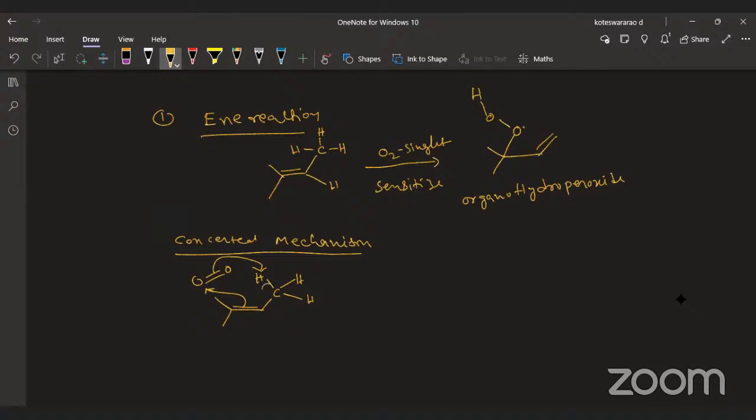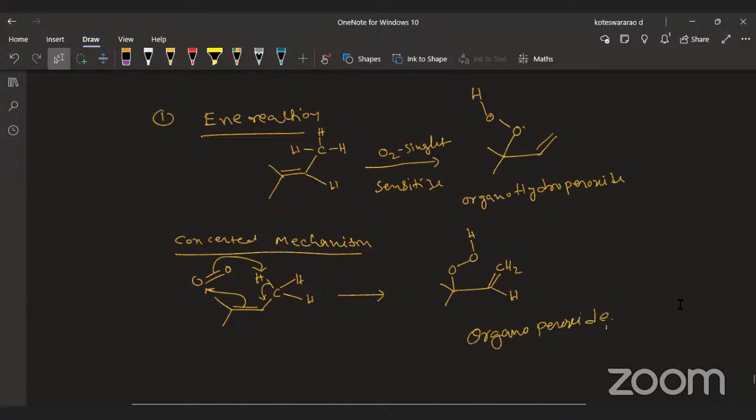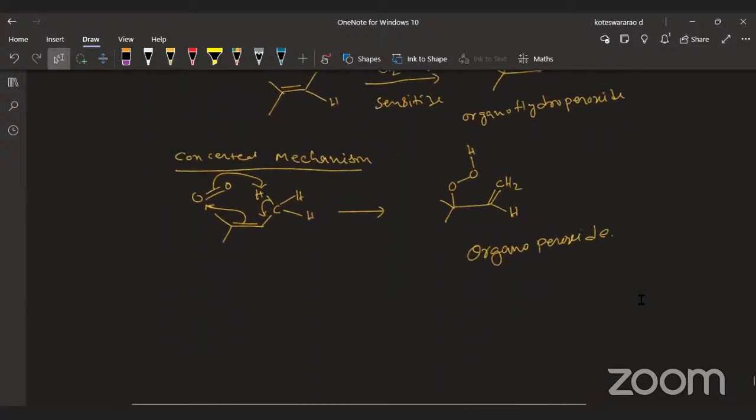This carbon hydrogen bond pair will be migrated, leading to the organoperoxide.